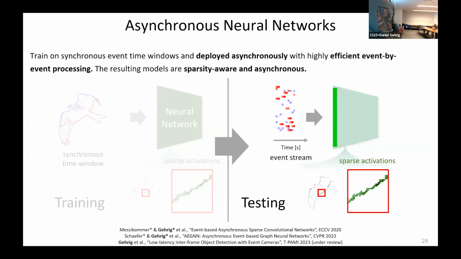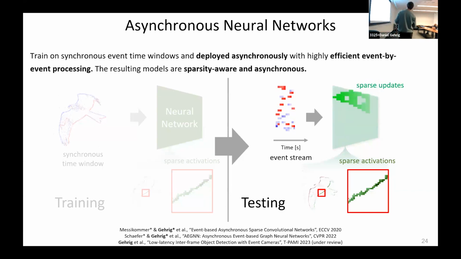So how would one of these updating schemes look if we did completely naive computation? Imagine now you have a window of events, you process them, now you get a new event. The most naive way to incorporate this new event is just to reprocess everything with the new event added. But actually, events only give very, very localized information. And this means that we don't have to recompute most of the parts of the network which are not close to that event.